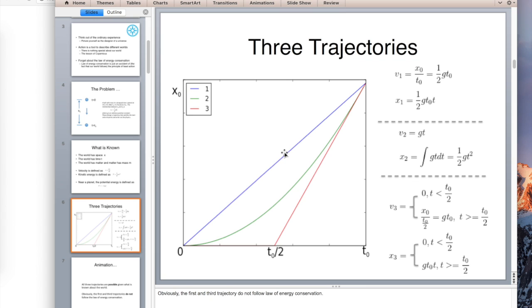Because if we look at this position-time graph, the first trajectory, we can see throughout the trajectory, its kinetic energy is constant while its potential energy changes. So the energy in the first trajectory is not conserved. But it's valid given what we know about the world so far.